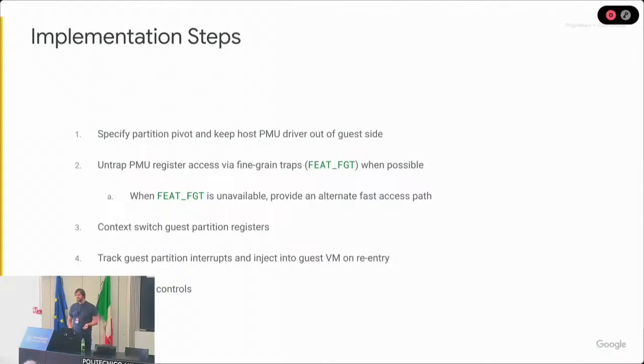Then the next part is tracking the interrupt handling, tracking when the guest counters experience an interrupt and making sure those interrupts are appropriately injected into the guest. And then the last step is putting some UAPI controls on top of it so user space programmers can use it.